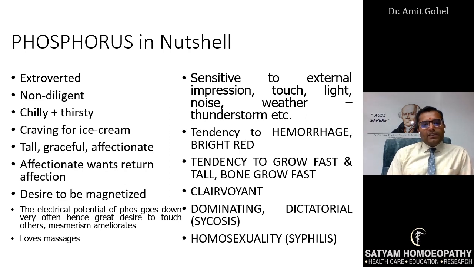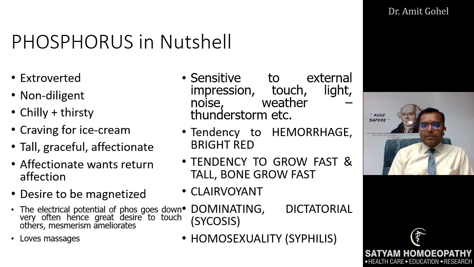Another physical point is hemorrhagic tendency, and the hemorrhage is bright red in color. Again, phosphorus acts on the whole economy of the cells and tissues, but it especially acts on the bone, and the bone grows very fast.